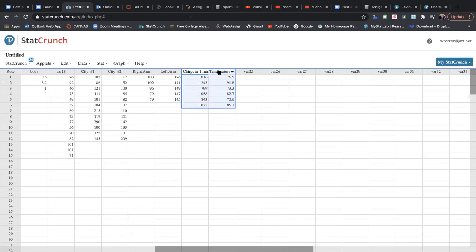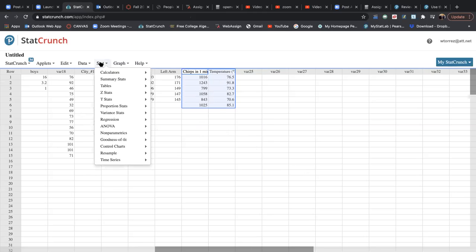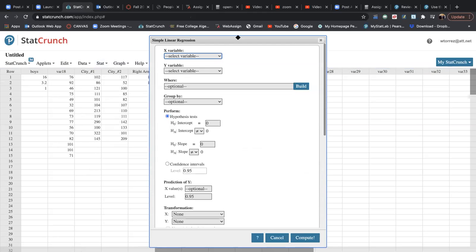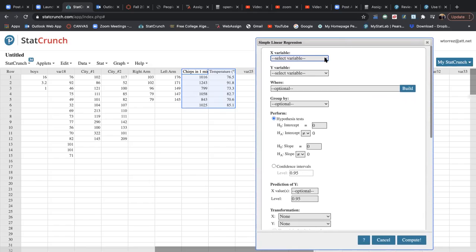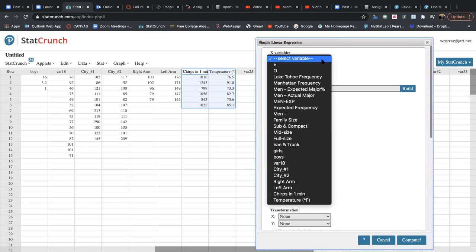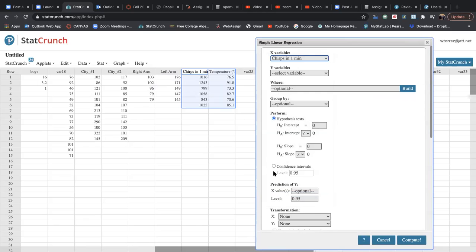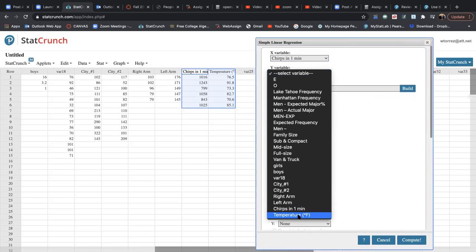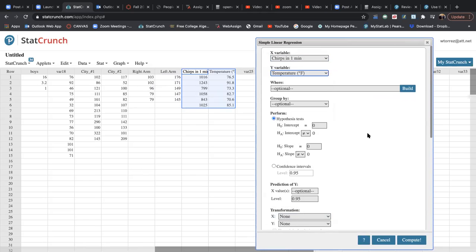Now we can go ahead and do the linear regression. Our x variable is chirps in 1 minute, and the temperature is our y variable here. Now we'll go ahead and do the prediction.